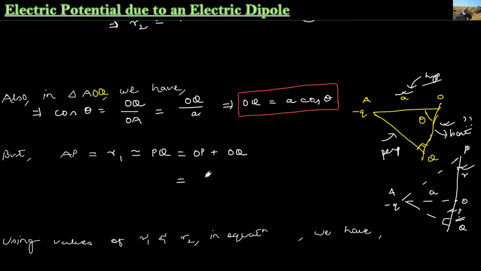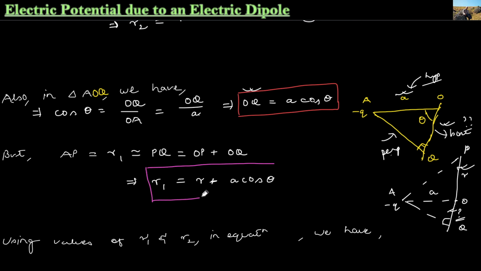So what is this OP? OP is equal to r. What is this OQ? It is a cos theta. So we have determined the values of R1 and R2.